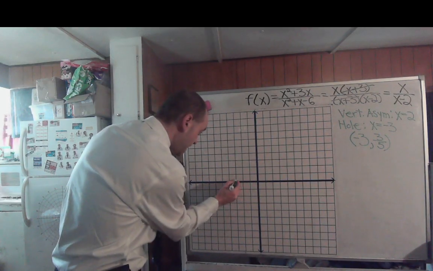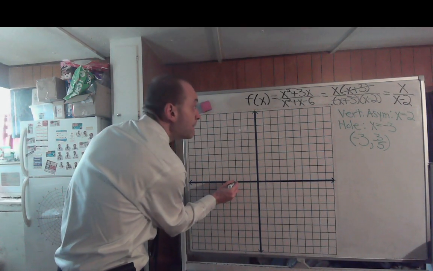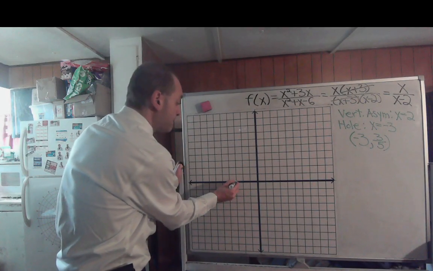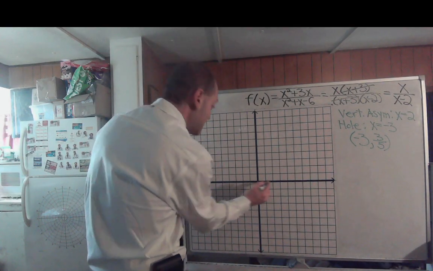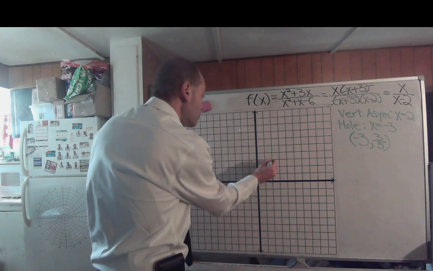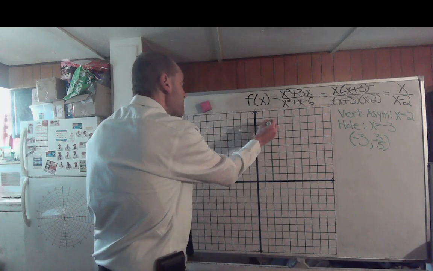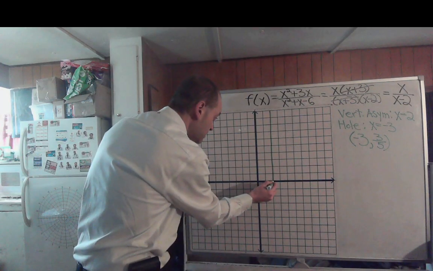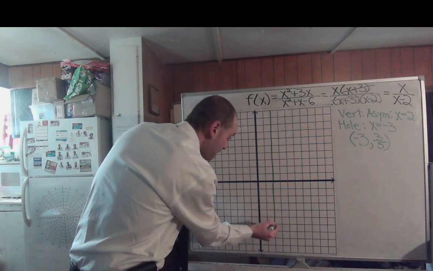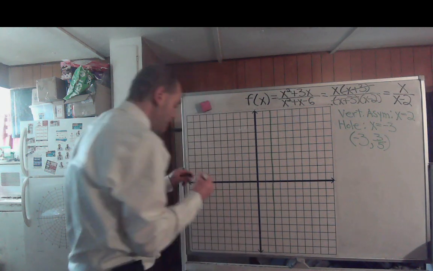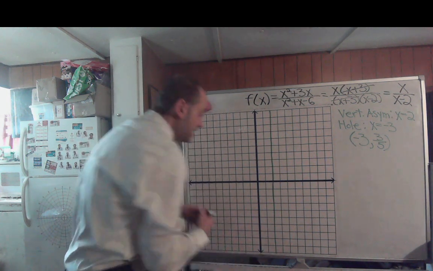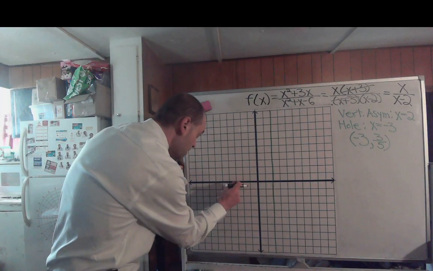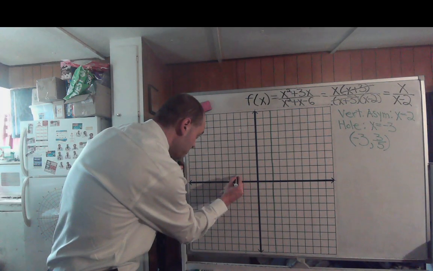So let's draw the asymptote and the hole. Let's draw the asymptote at x equals 2. Then we can identify the hole at -3, 3/5, which would be about right there.